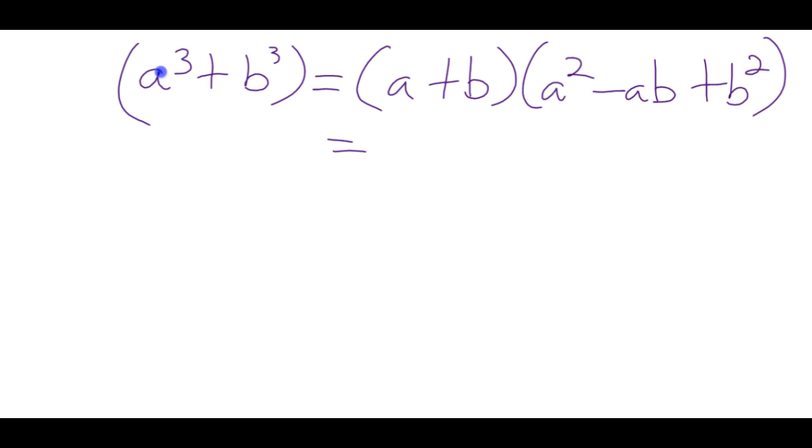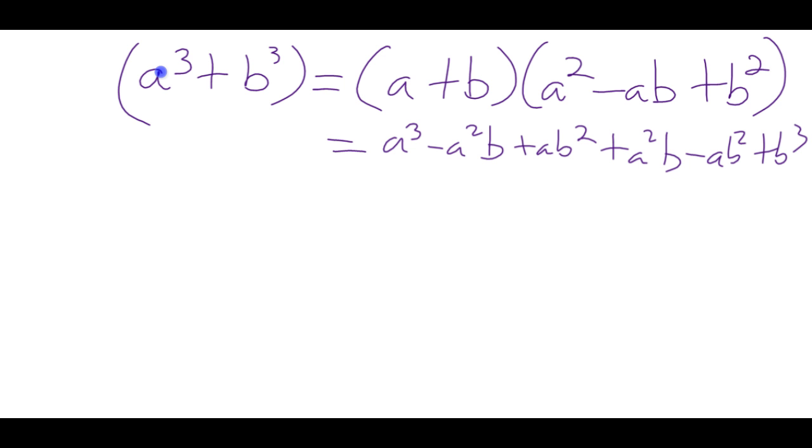So we're going to get a cubed minus a squared b plus ab squared plus a squared b minus ab squared plus b cubed, right? So minus a squared b cancels, and we're just left with a cubed plus b cubed.